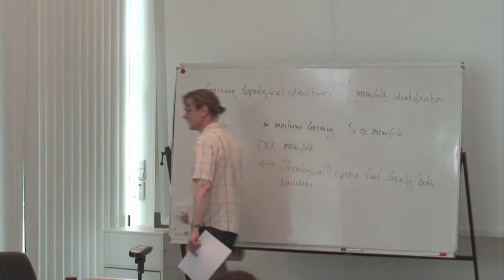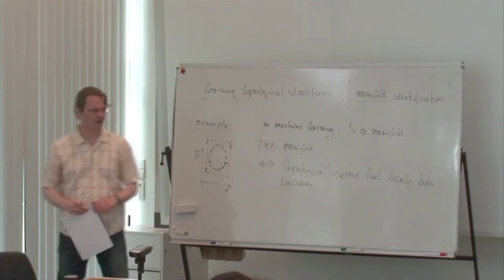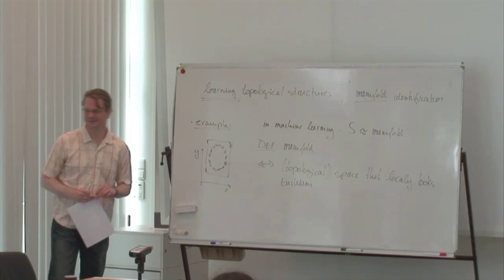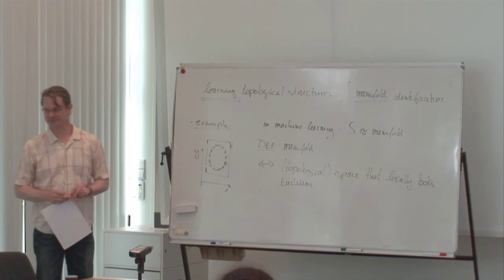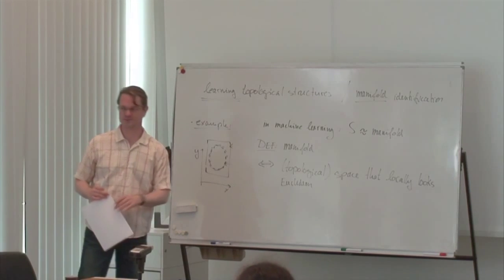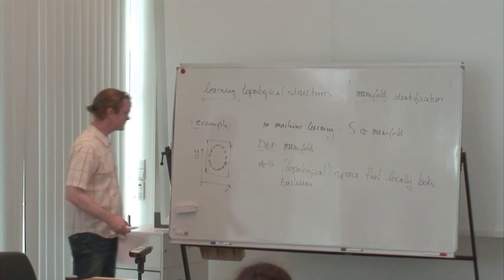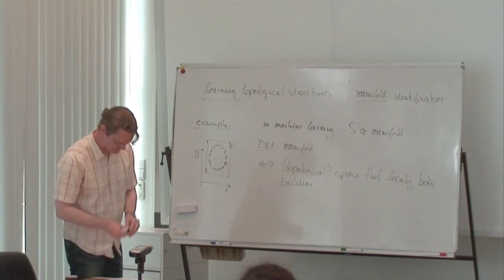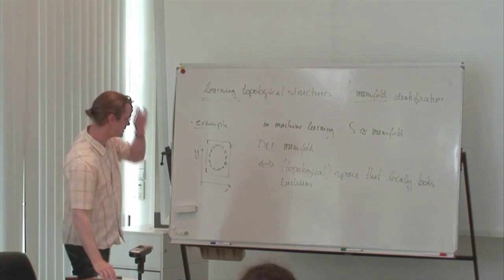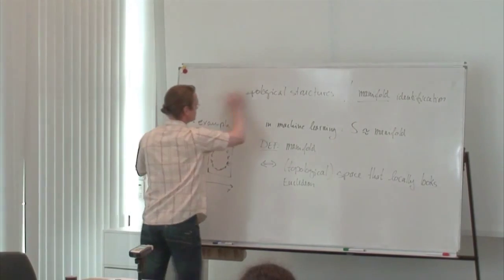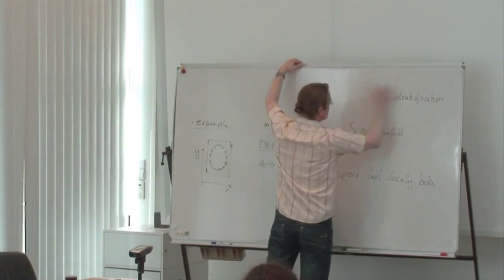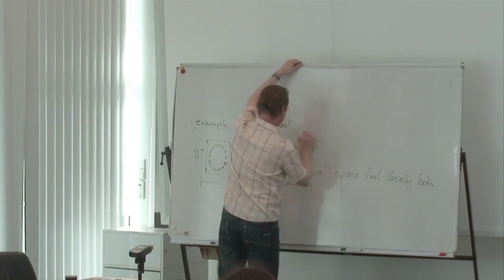Again, mathematicians would have to take their hard pills now. This is simplifying things a bit, but for our purpose that is okay. What is that to say? What is it to say that a space locally looks Euclidean? Let us try to understand this.